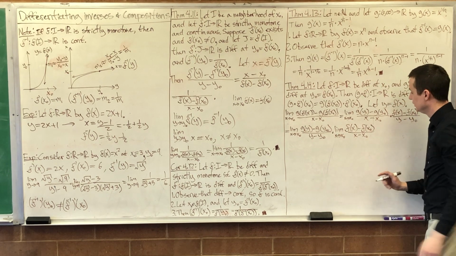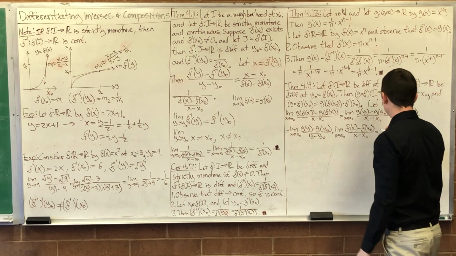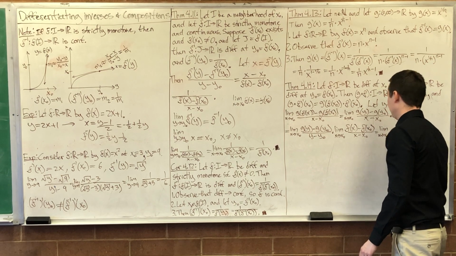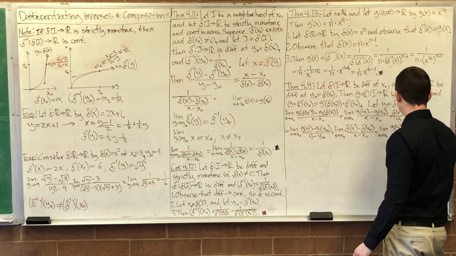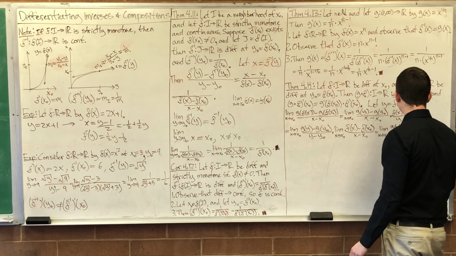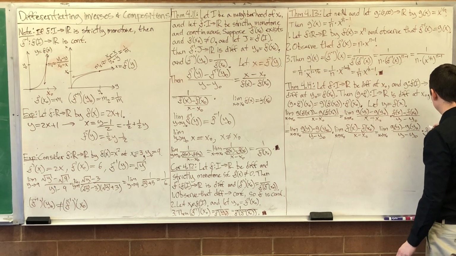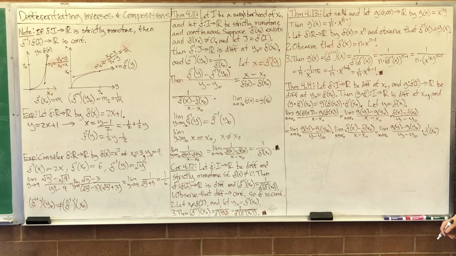So now this is equal to the limit as x approaches x naught of g of y minus g of y naught all over y minus y naught times, and now this is just a constant, f prime of x naught. That's just a number, right?